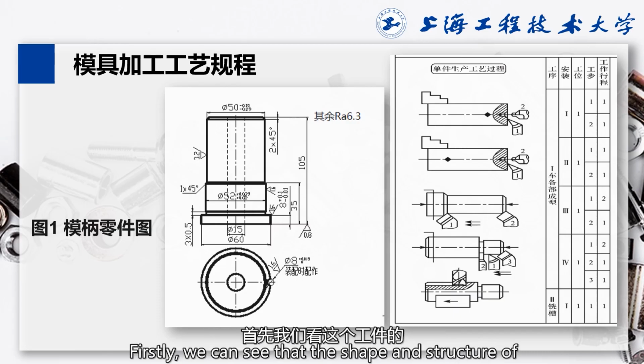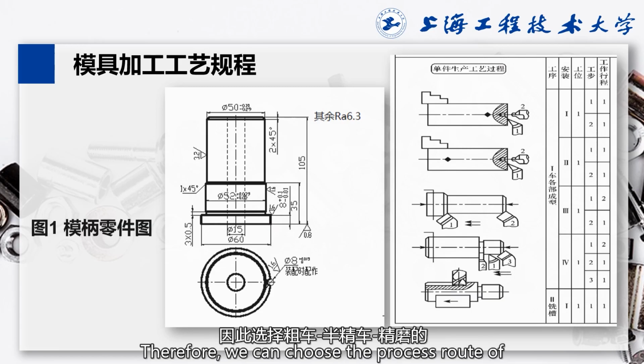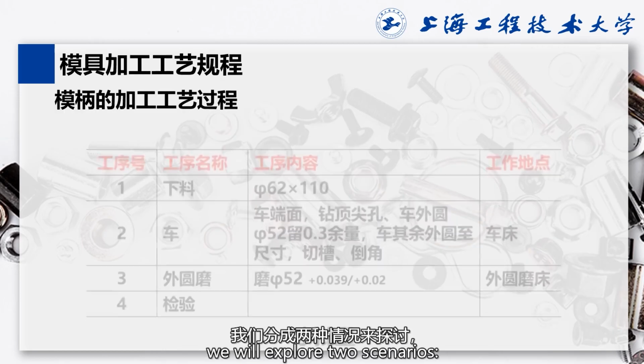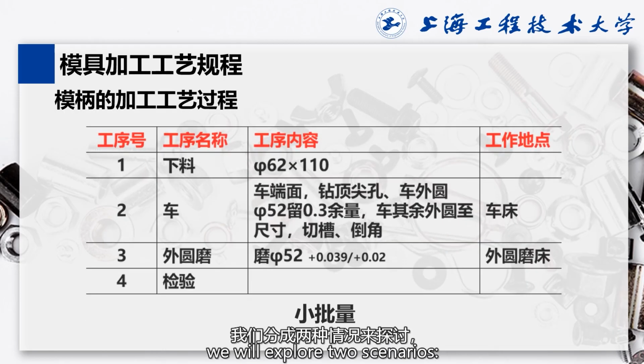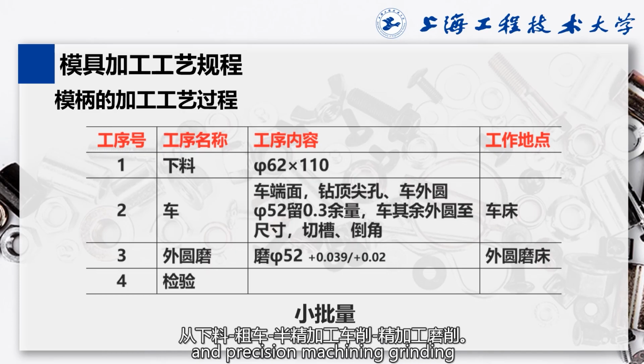Firstly, we can see that the shape and structure of this workpiece are relatively simple, and it is a rotating workpiece. Therefore, we can choose the process route of rough turning, semi-precision turning, and precision grinding. At the same time, we will explore two scenarios: in small-scale production, cutting, rough turning, semi-precision turning, and precision grinding.